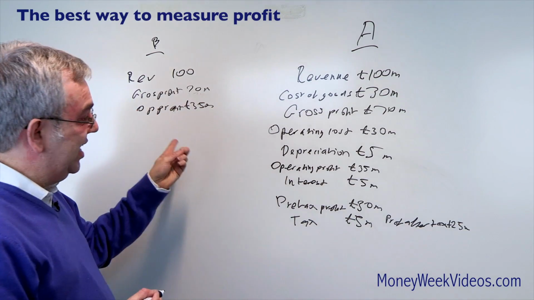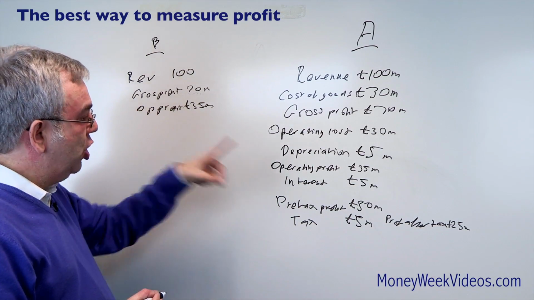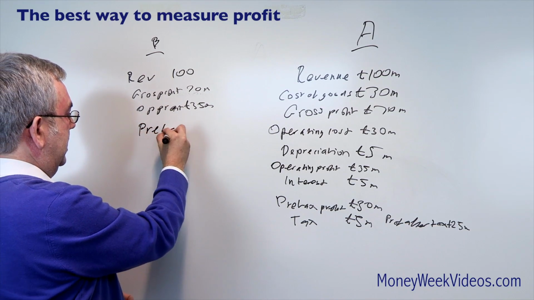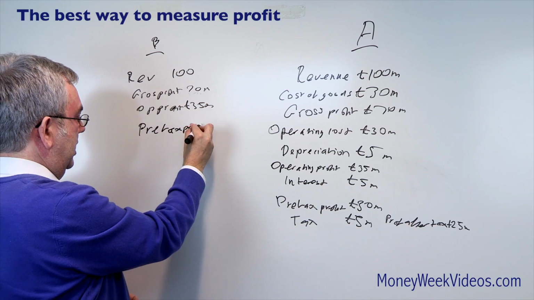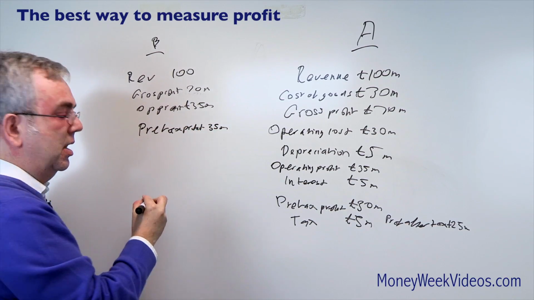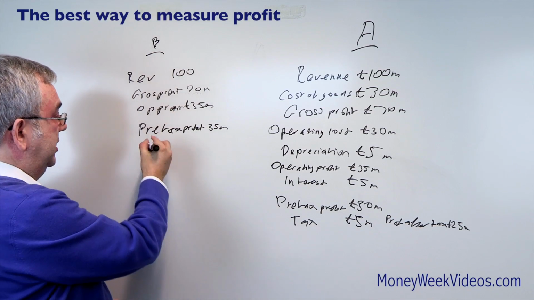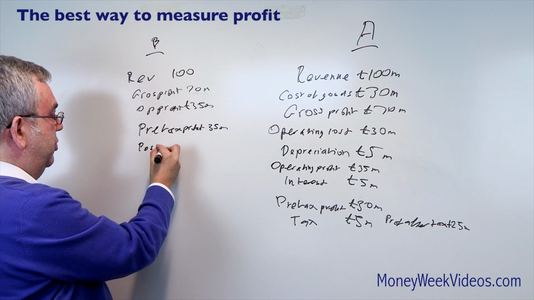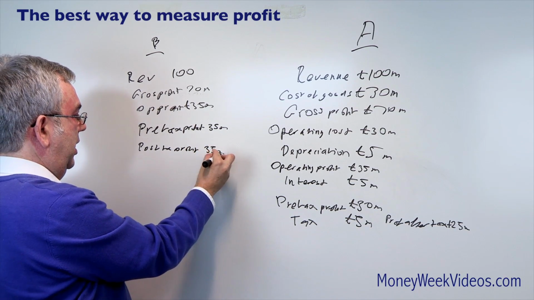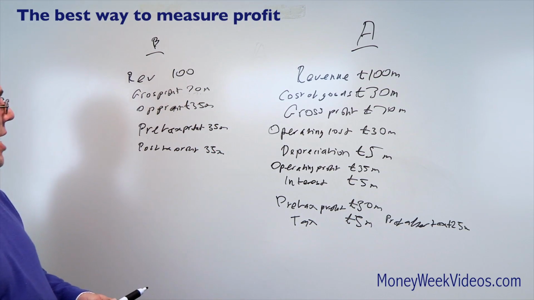But Company B doesn't have any debt, so it's not paying any interest. So its pre-tax profit is 35 million. And it's also not paying any tax. So its post-tax profit is also 35 million pounds.